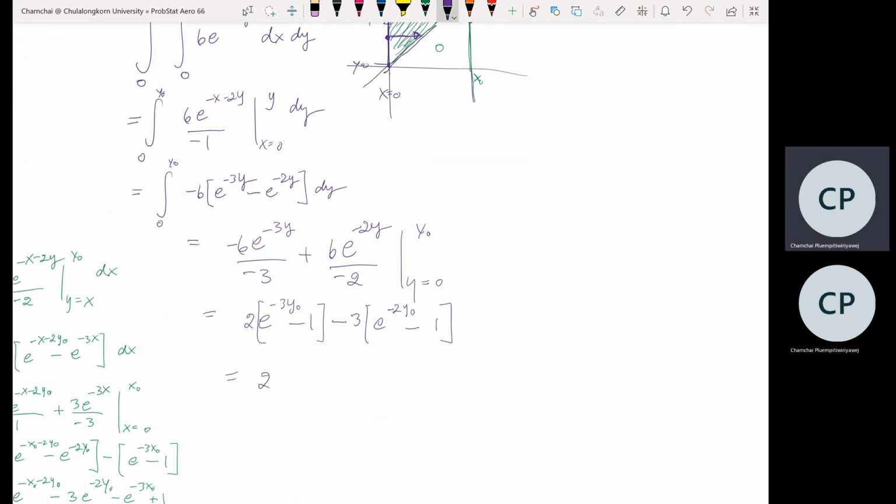So we got 2 e to the negative 3y naught, minus 2 plus 3 is plus 1, and then minus 3 e to the negative 2y naught. Okay? You integrate by yourself, don't just follow me.